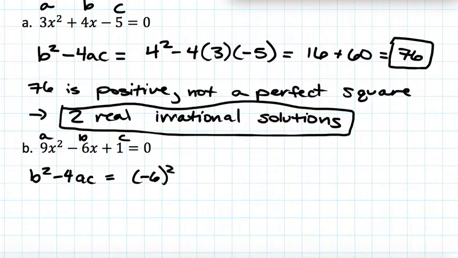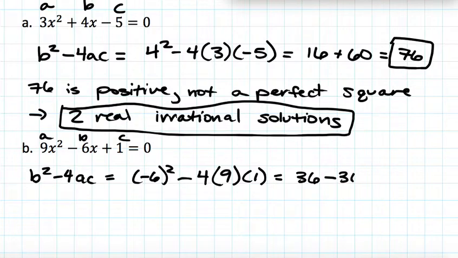Be careful with squaring the negative here. That's going to make a positive. 4 times a times c. So negative 6 squared, negative 6 times negative 6 is positive 36. And then 4 times 9 times 1 is 36. 36 minus 36 is 0.